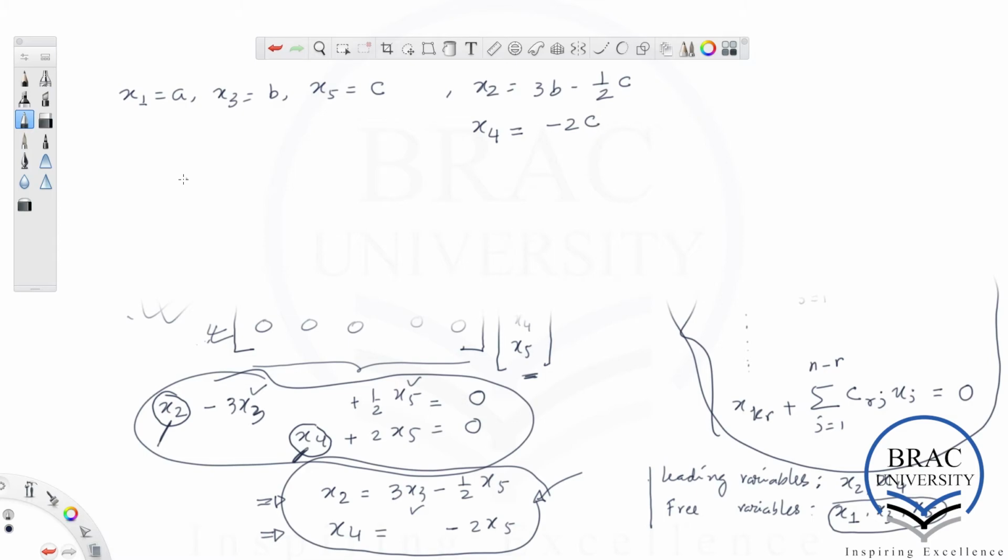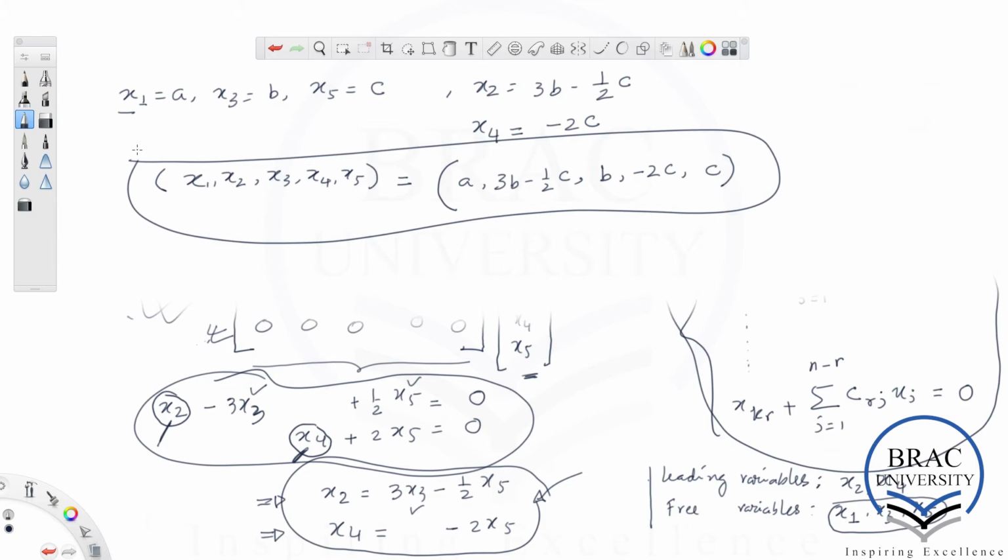Okay, so what is the solution set? You write the solution set as x1, x2, x3, x4, x5. This 5-tuple is your solution set, and the solution set for this system is given by a, and then this is x1, then you have to write x2, which is going to be 3b minus 1/2 c, and then you have to write x3, that's going to be b, and then x4, which is negative 2c, okay, and then x5, which is just c.